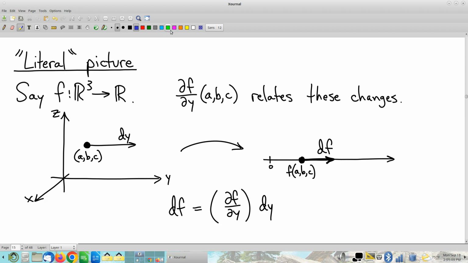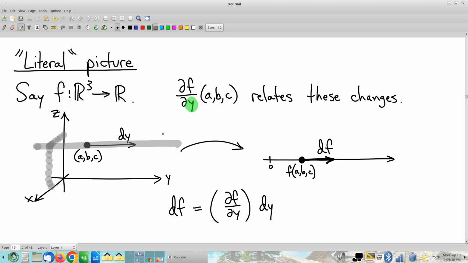Here's how it goes down. Let's again suppose we're talking about a y partial. That means that x and z are constants, which means we're going to fix x and z, whatever value. If x and z are fixed, that's going to define a line parallel to the y-axis. That's the line that you can move on that still has x and z remaining constant.